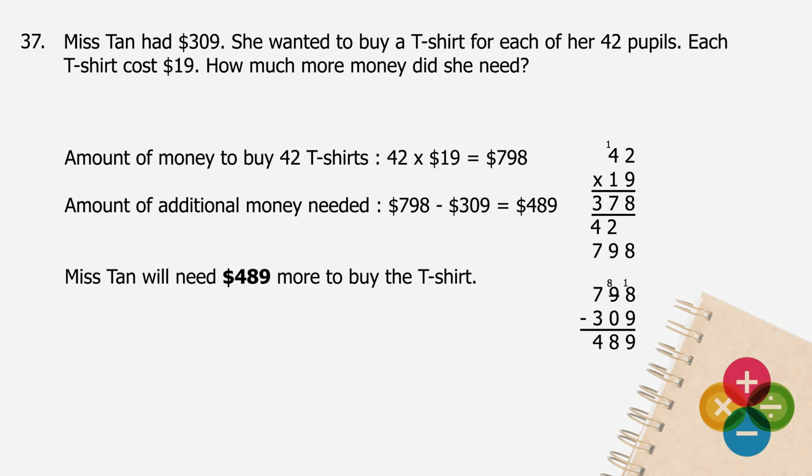The amount of money needed to buy 42 T-shirts will be, multiply 42 by $19, and the product is $798. The amount of additional money needed will be, subtract $309 from $798, and the difference is $489. Miss Tan will need $489 more to buy the T-shirts.